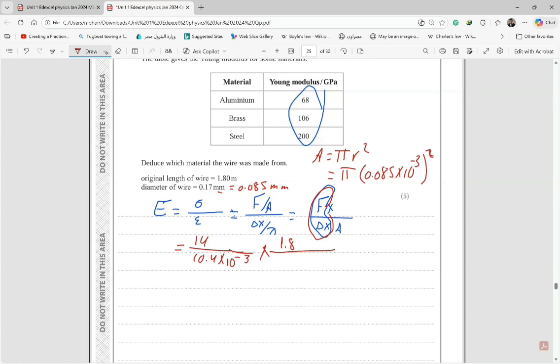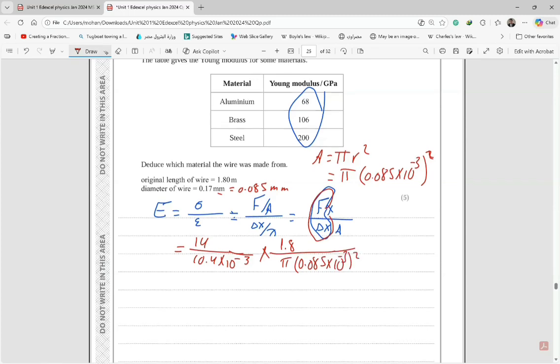So from this we can say that it is pi times 0.085 times 10 power negative 3, all to the power of 2.